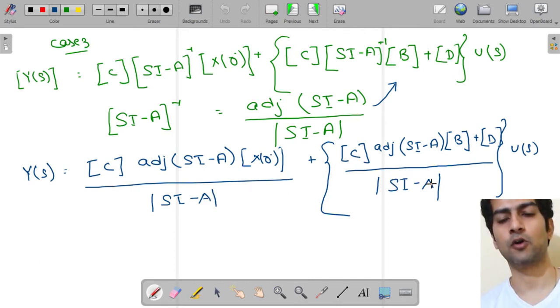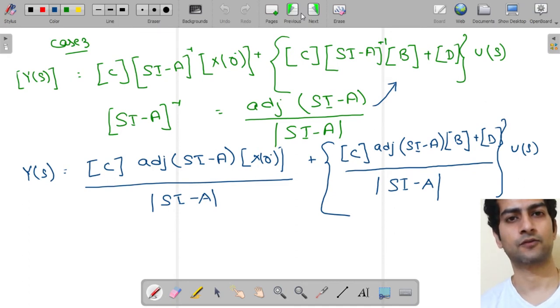Here also mod of (sI minus A). Okay, fine.